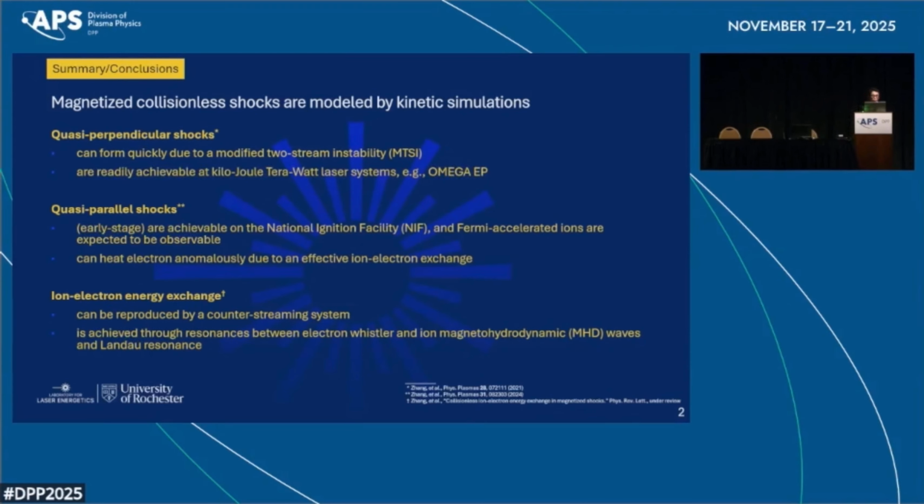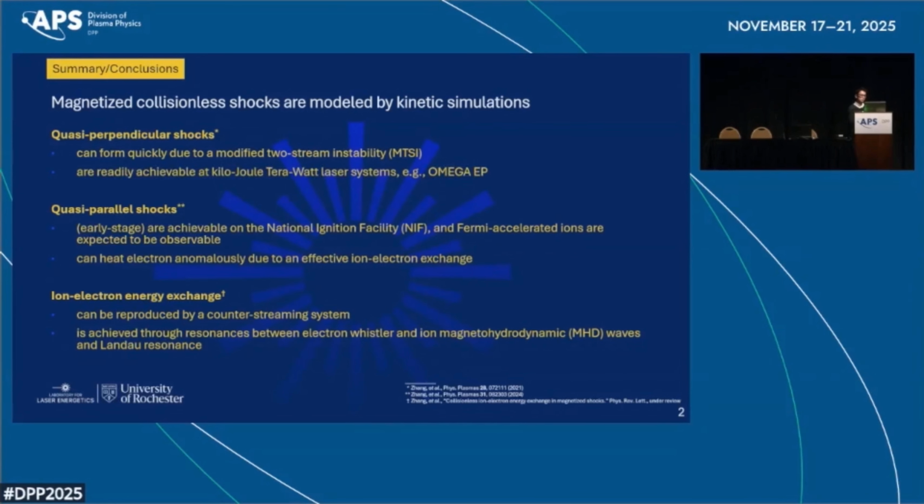We found that perpendicular shocks can form quickly due to a modified two-stream instability. Because of this instability, these shocks are readily achievable at kilojoule terawatt laser systems such as OMEGA EP. For parallel shocks, we can achieve an early-stage quasi-parallel shock on the National Ignition Facility, and Fermi-accelerated ions are expected to be observable.